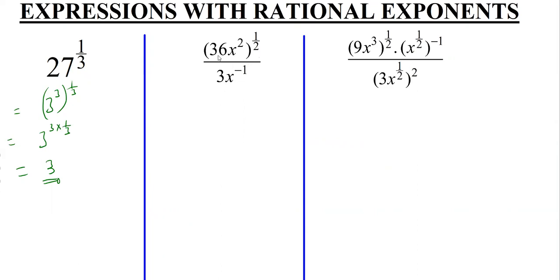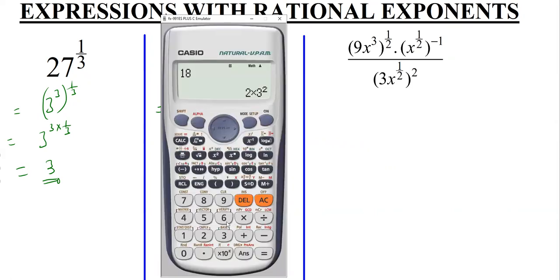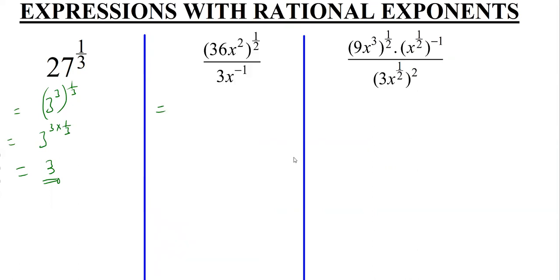Now we have got 36 here, 36 to the power of x squared. Here the half is outside the bracket. It means the half is affecting everything that we have here. So what we are going to do now is split 36 and see if we can factor it. 36 is equal to 2 to the power of 2 times 3 to the power of 2.